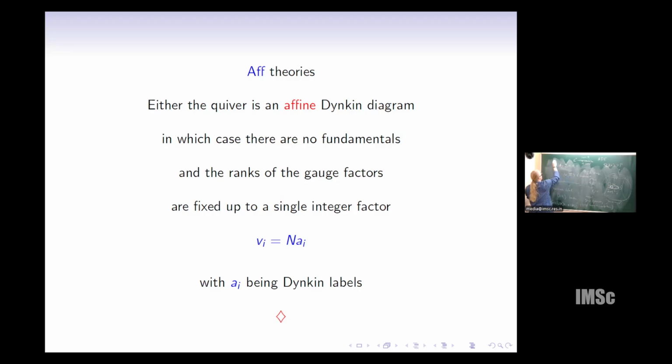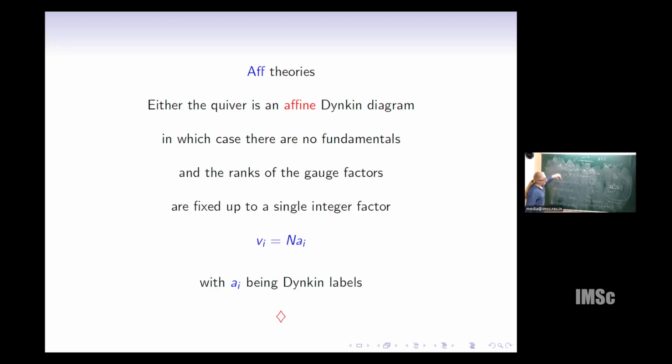So this equation is the vanishing of the one-loop beta function for the gauge factor I. And this is the same equation which you got if you remember this decomposition. If you just take the dimensions of the left-hand side and the right-hand side, you will get the same identity.